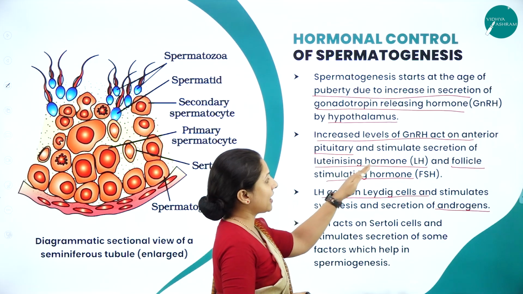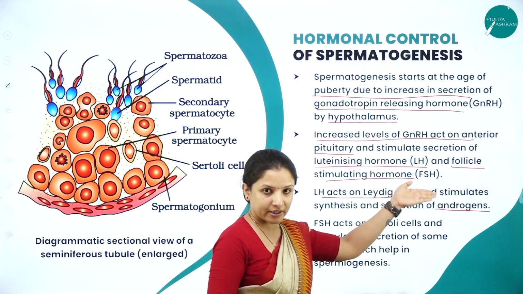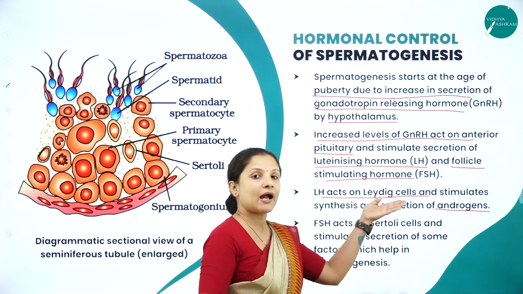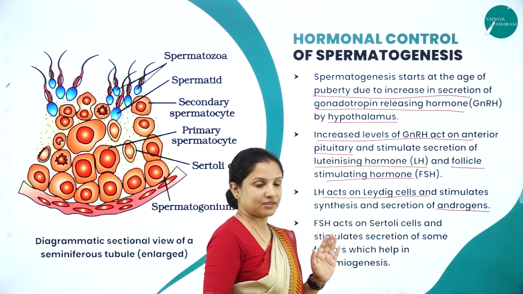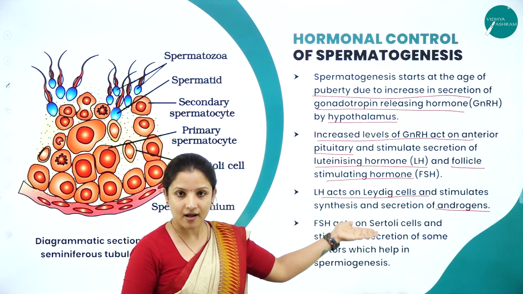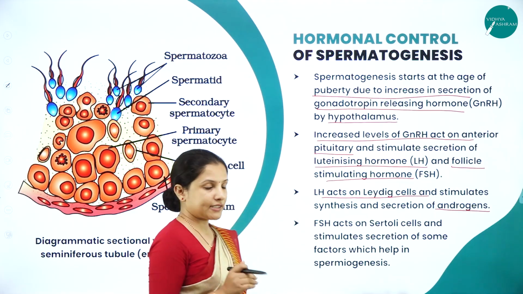It will make that gland secrete the hormones luteinizing hormone and follicle stimulating hormone. The luteinizing hormone acts on the Leydig cells present in the testes and stimulates those cells to secrete the hormone androgen. That was the function of the luteinizing hormone.